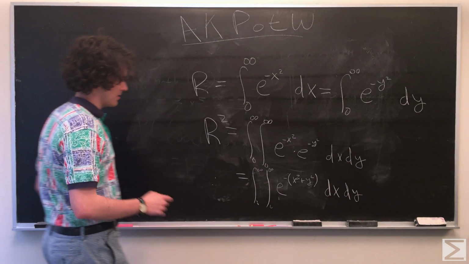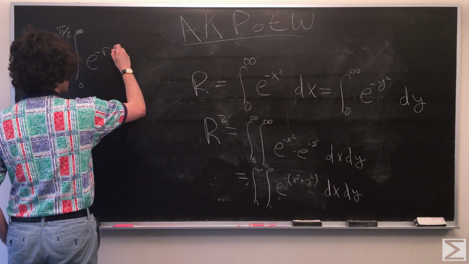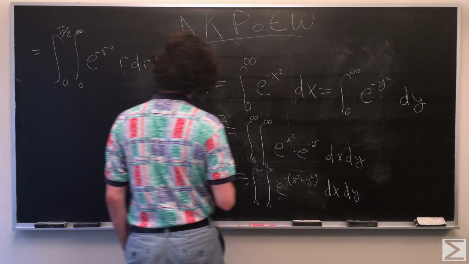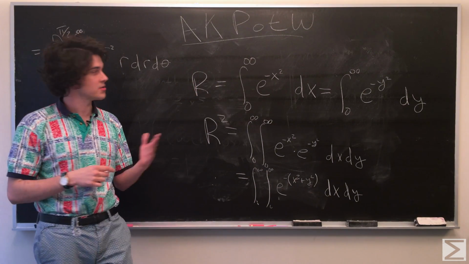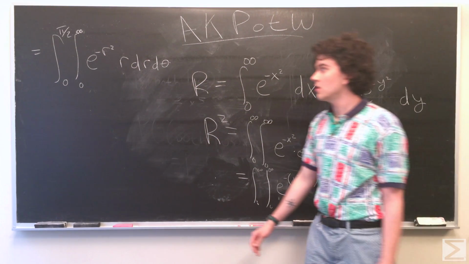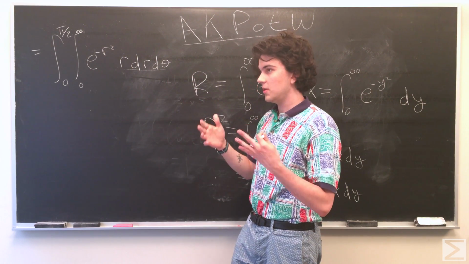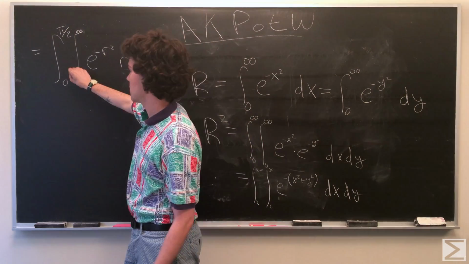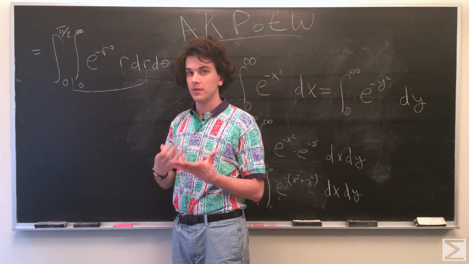Rewriting that, you maybe picked up on my mistake: x squared plus y squared is equal to r squared, not just r. So this expression here becomes this expression here. We have our grid, if you will, where we're taking values of e to the negative r squared. So we're going to evaluate this r component and then evaluate the theta component, as you would with nested integrals.